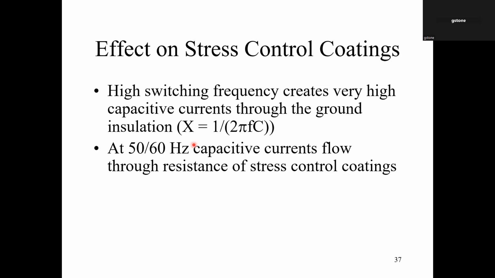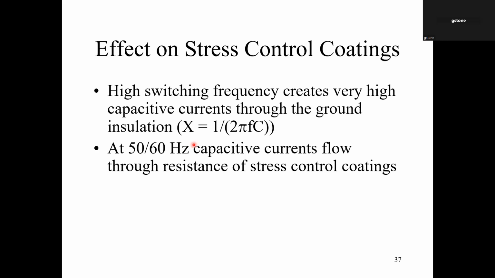But the last thing I really want to focus in on is the effect of the voltage impulses from the drives on the PD suppression coatings, okay, that are on the surface of the coil to prevent phase to ground PD during normal operation.